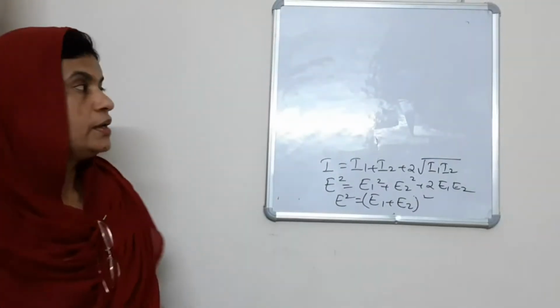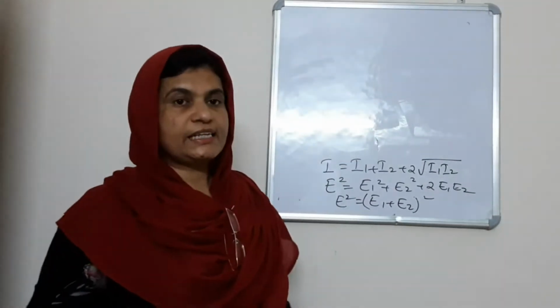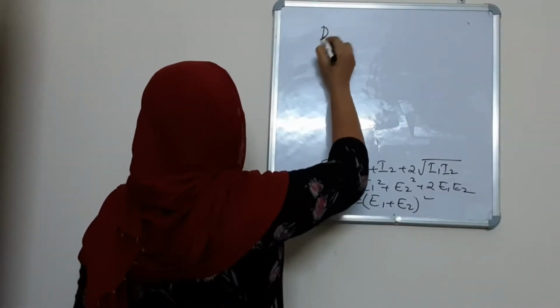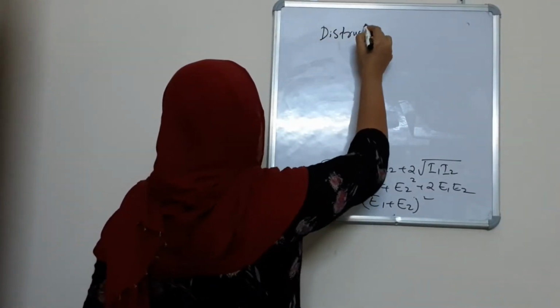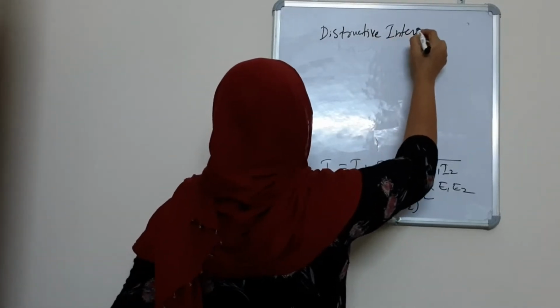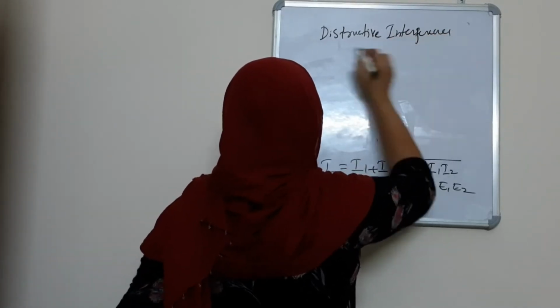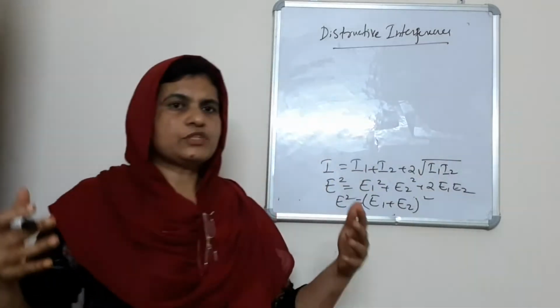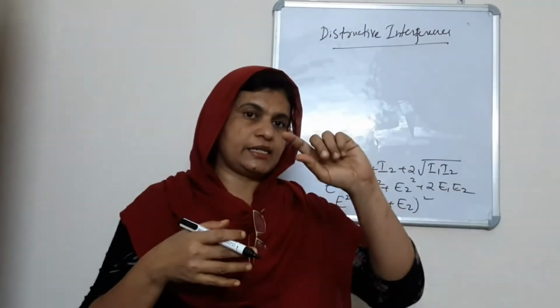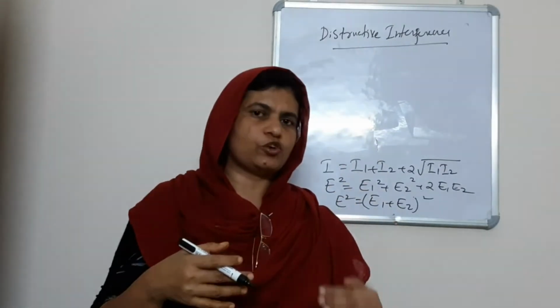Now we have to find the condition for destructive interference, or points of minimum intensity. When two waves are superimposed, we get certain points with maximum intensity and certain other points with minimum or zero intensity.